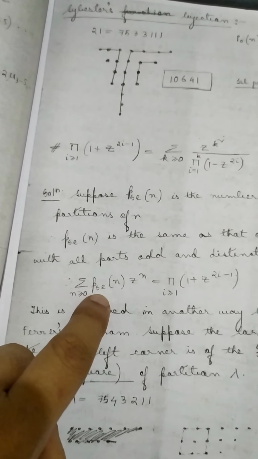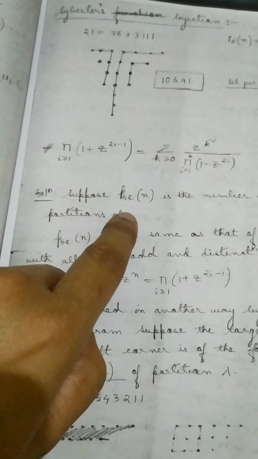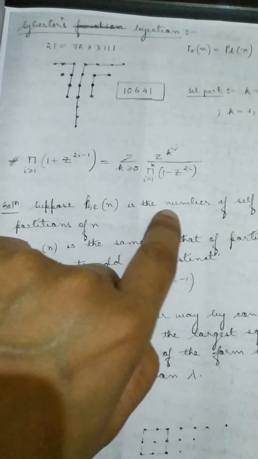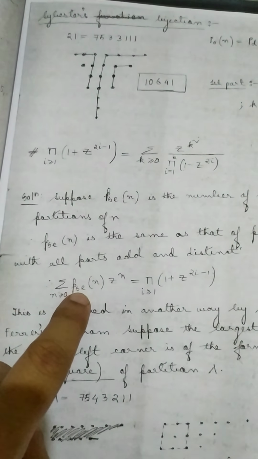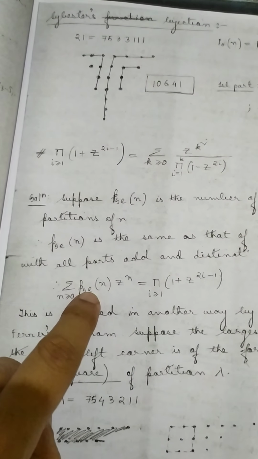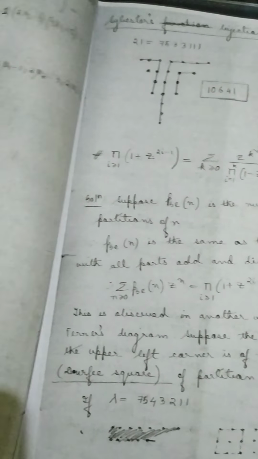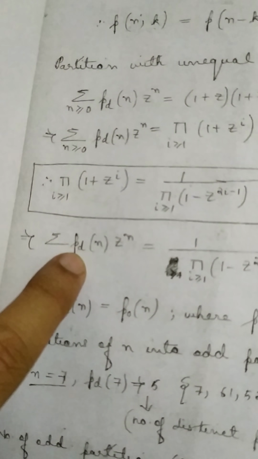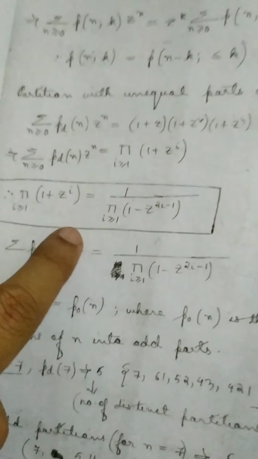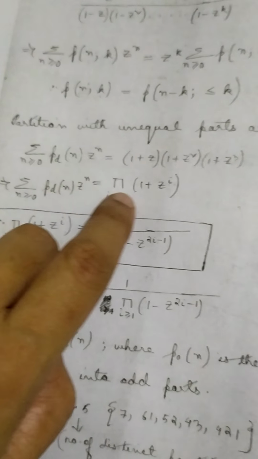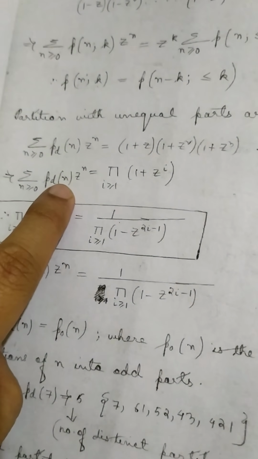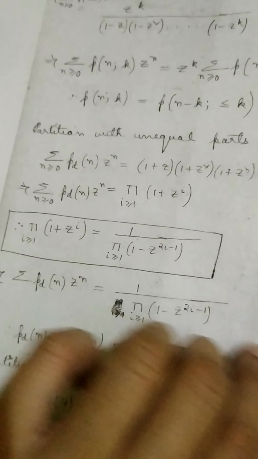PSC of n means the number of partitions which are self-conjugate. So we can write this expression. You see this picture: here z to the power 2i minus 1 will be odd and distinct, but odd and distinct is nothing but a self-conjugate partition. So this is the first expression we have.